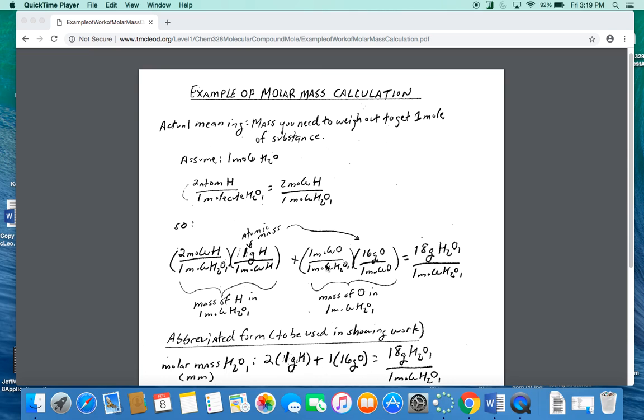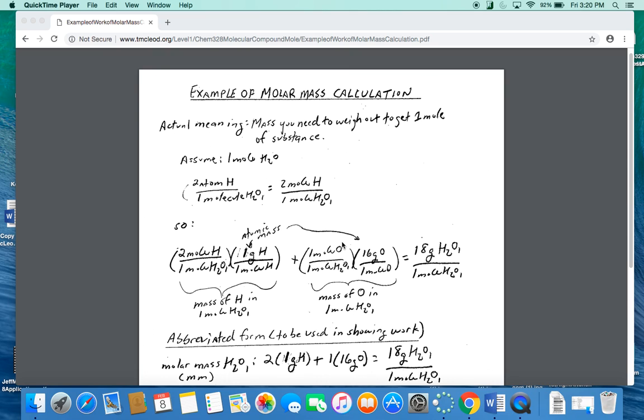So for the second one, oxygen, we have 1 mole of oxygen in 1 mole of H2O. And again, the atomic mass of oxygen is 16 grams of O per 1 mole of O. So when you do that multiplication, you end up with the mass of all the O in the whole molecule, 1 mole of H2O.